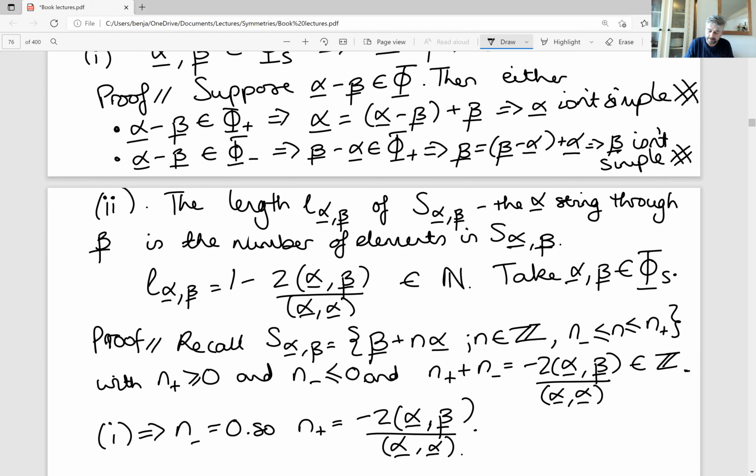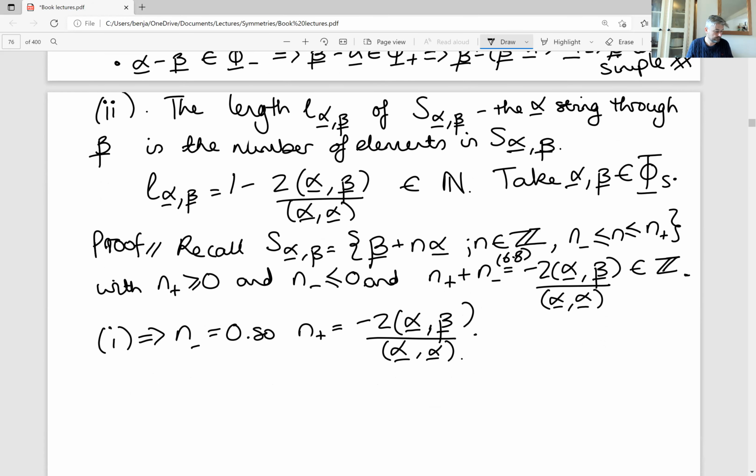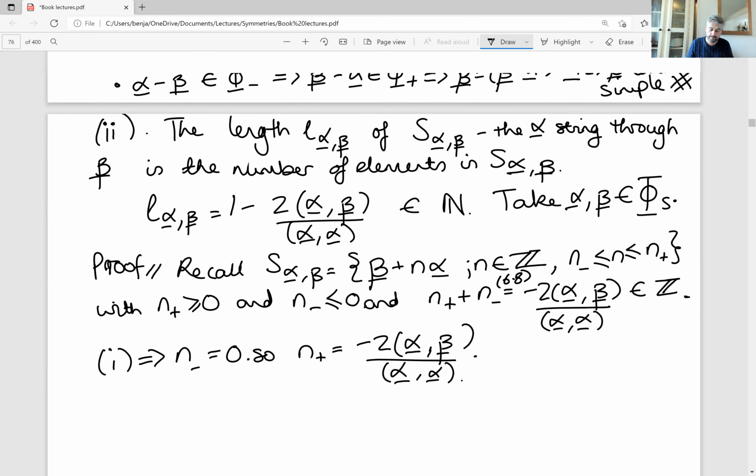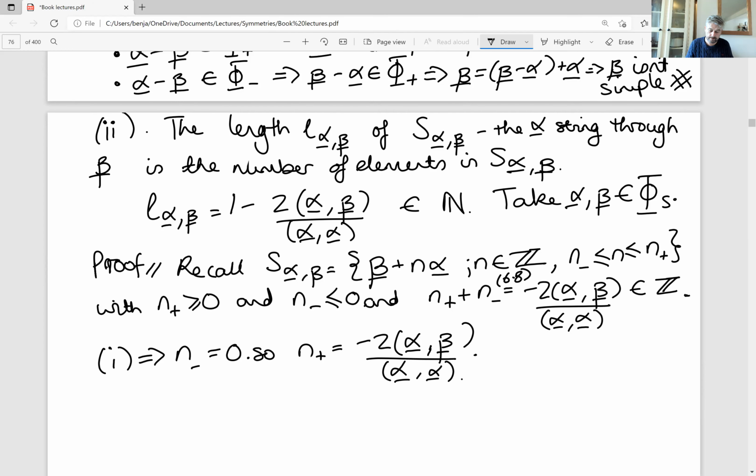All right, so actually this equation here comes from, I think I wrote it as 6.8. So all that remains now is to work out what the length of alpha comma beta is. Well, in general, we can add on n plus times alpha to the set.